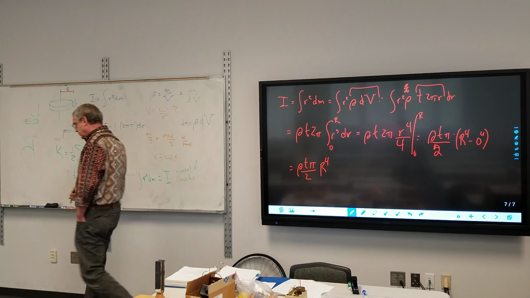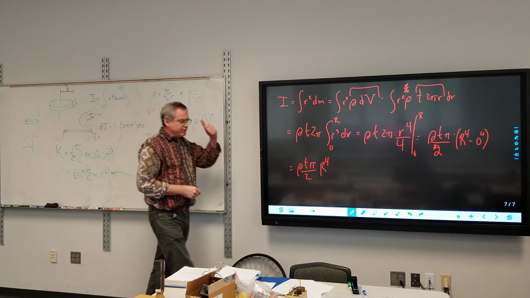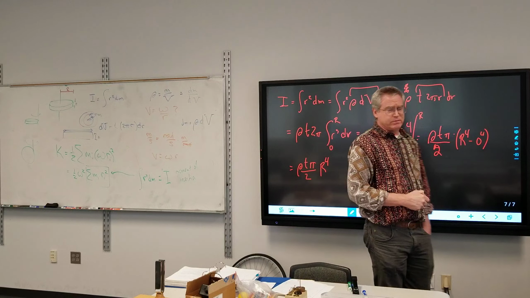But wait, there's more. This requires us knowing the density and the thickness, but frankly, the thickness is irrelevant. Let's go ahead and show why that's true. I know that the density is uniform because I said it was.